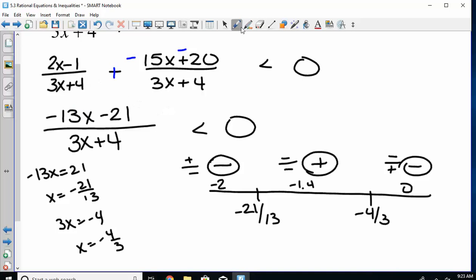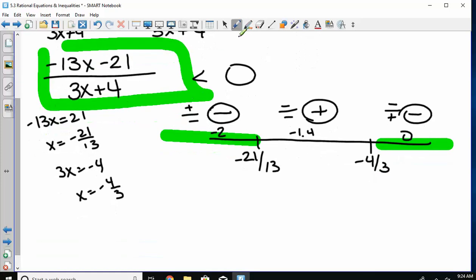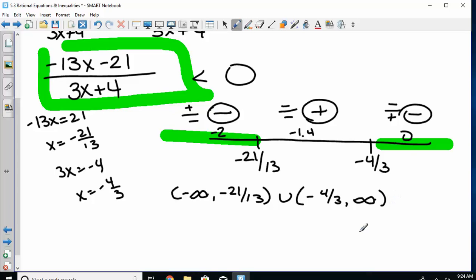You put them into the final inequality before you simplify, or before you set them equal to 0. We wanted less than 0, which is negatives, no equal to, so we don't have to worry about brackets. So this would be negative infinity to negative 21/13, union negative 4/3 to infinity.